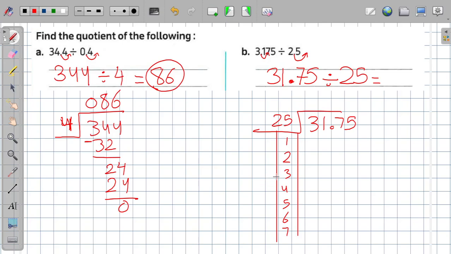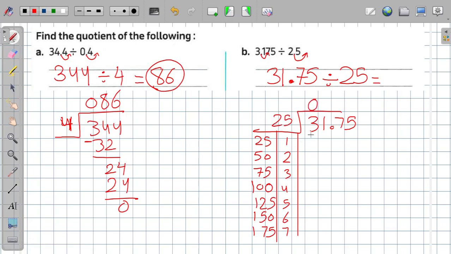Okay, so I have 1 by 25 equals 25, 2 by 25 equals 50, 3 by 25 equals 75, 4 by 25 equals 100, 5 by 25 equals 125, 6 by 25 equals 150, 7 by 25 equals 175. Okay, so 3 divided by 25 equals what?